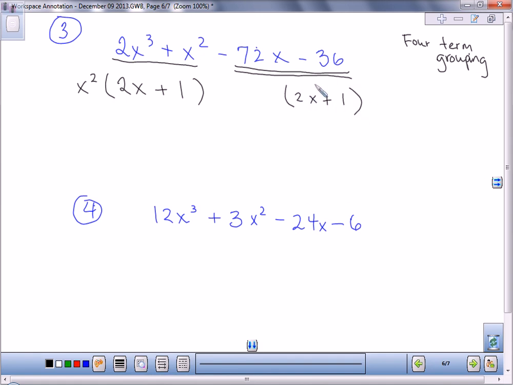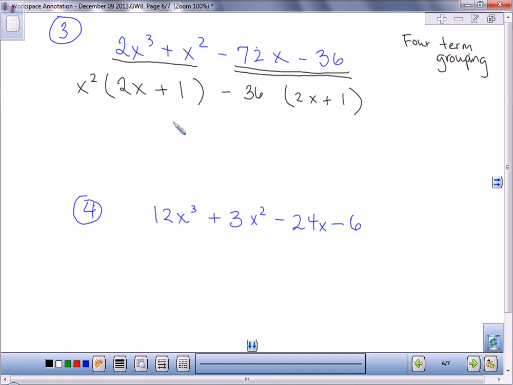So when I look at the second group, the only way I can factor it this way is if I can pull out a common factor from these 2 terms that will leave me with the exact same binomial I got when I factored out of the first 2. Is there anything I can factor out of these last 2 terms that will leave me with 2x plus 1? Negative 36.